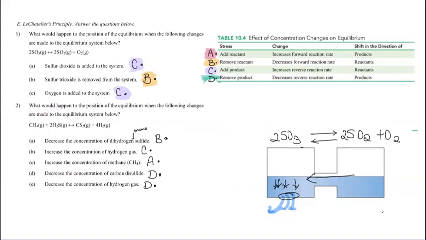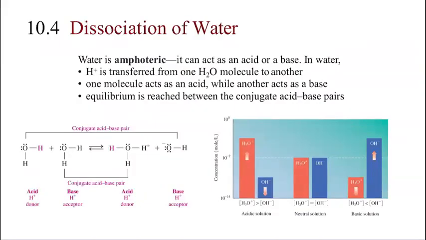Okay. Then let's move on to the next topic in chapter 10, which is the idea of the dissociation of water. So in the world, there are a selected number of molecules that are considered amphoteric molecules.